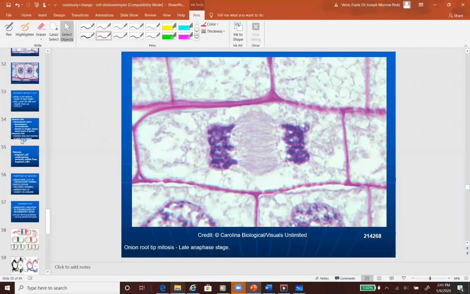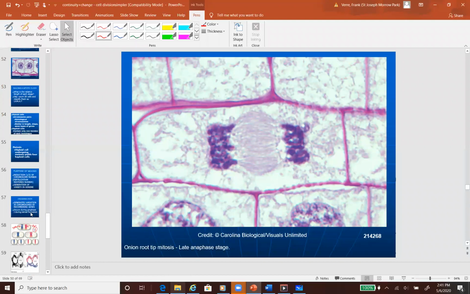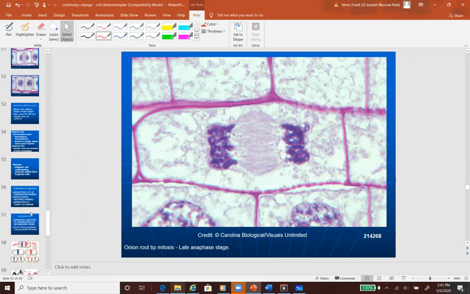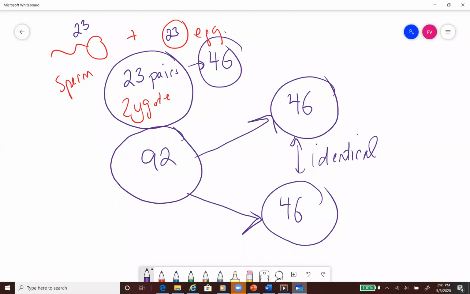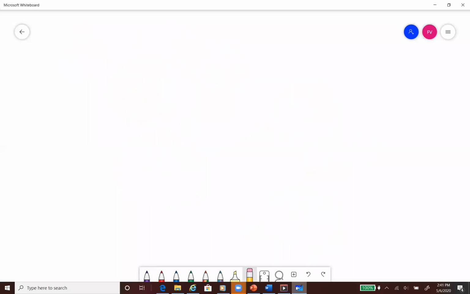So that's mitosis. I want to quickly compare this to meiosis and show you what the difference is between the two. I'm going to keep this as simple as possible. Remember, in mitosis, you're trying to make two cells that are exactly the same.